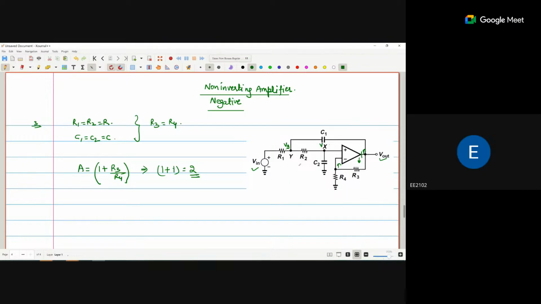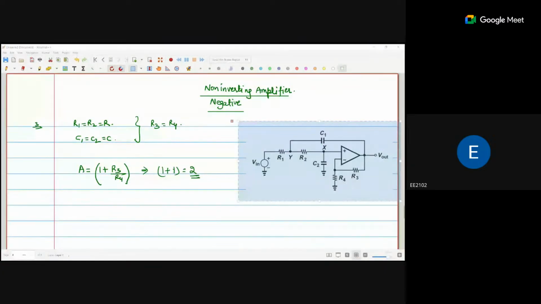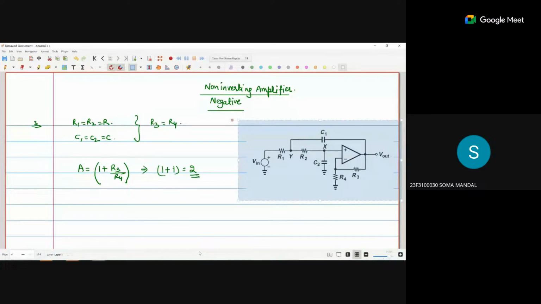Does anyone try it? At Vy, that is a three-branch node. One incoming and two outgoing currents, if we consider from Vin to Vy.